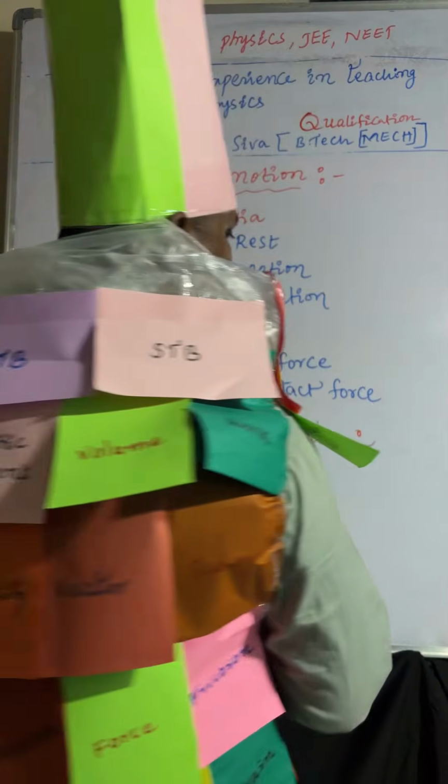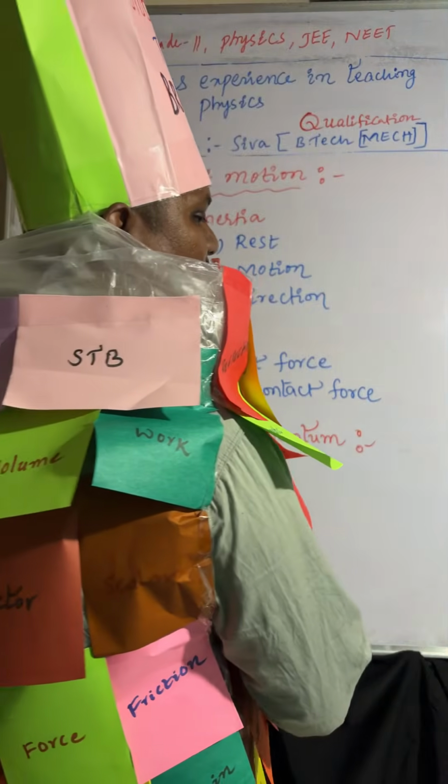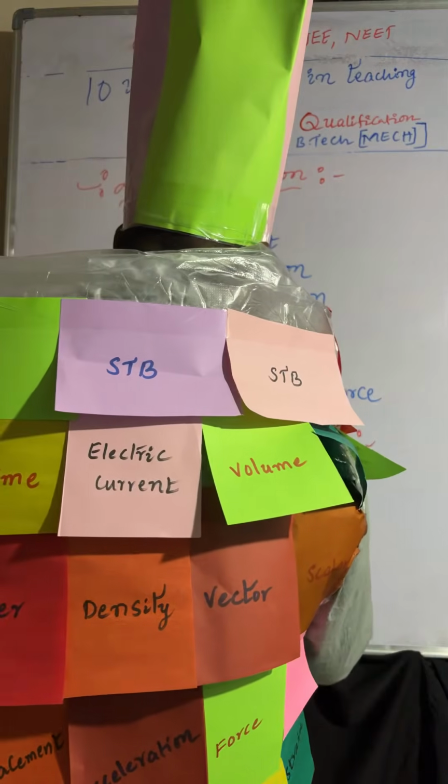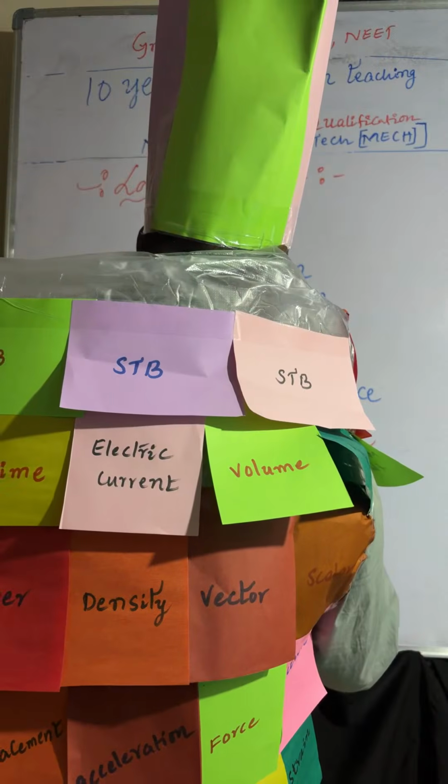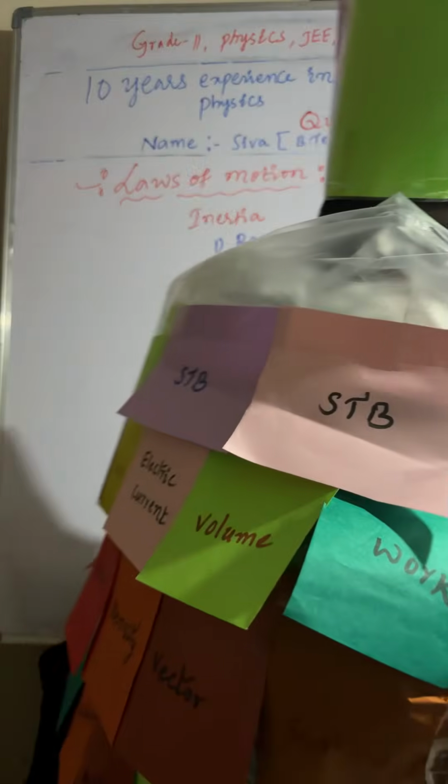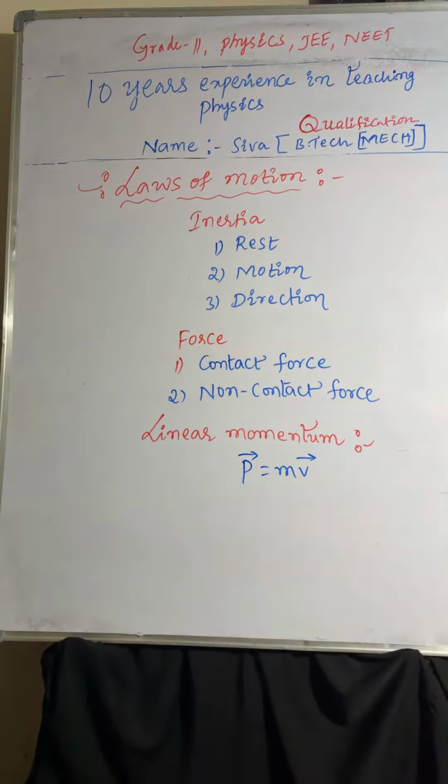Linear momentum is a vector quantity. P bar equals m v bar: mass into velocity. Velocity is a vector quantity, so momentum is a vector quantity. Understood? I hope it is very clear.